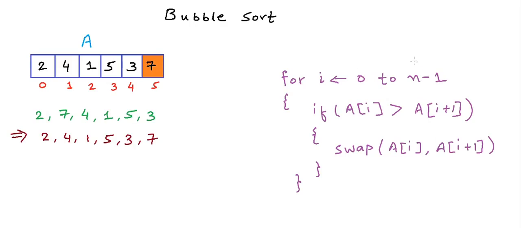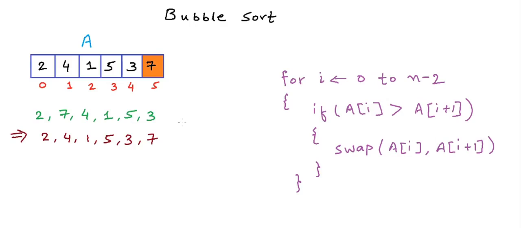If i is equal to n-1, it will be the last index, so there will be no element after that, and we will not be able to access A[i+1]. So we will run this loop only till n-2. We don't want to access an index that is out of the range of the array. For i equal to n-1, A[i+1] would have been out of range.